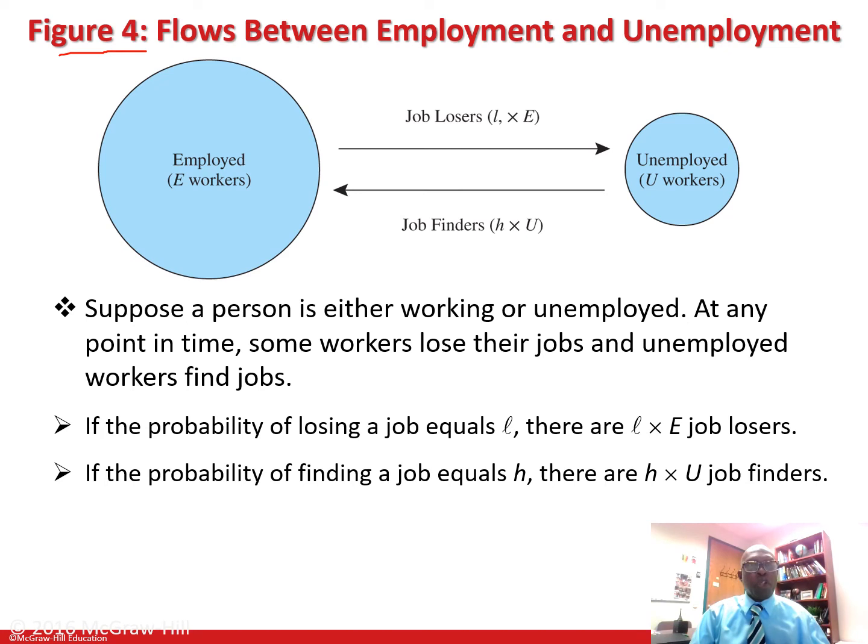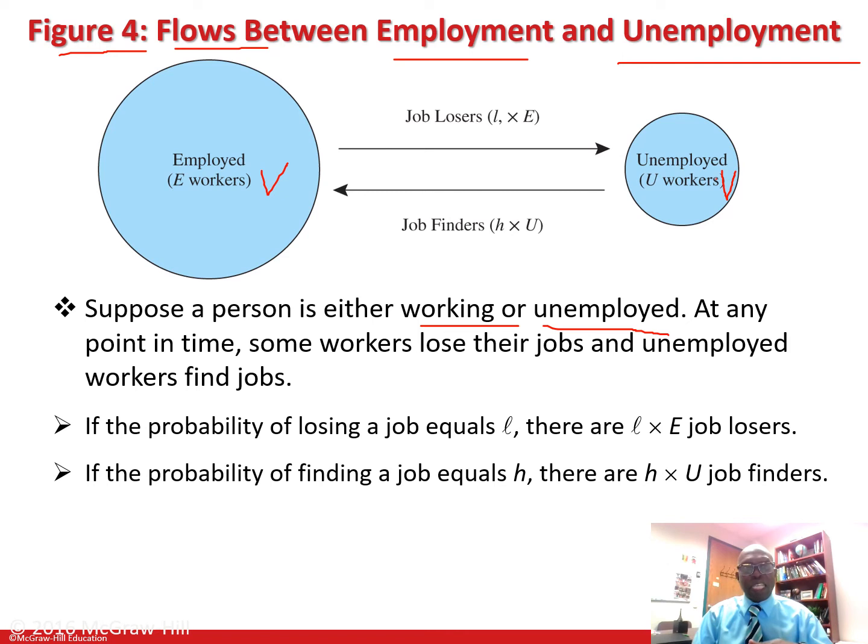Figure 4 displays the flow between employment and unemployment. So we have employed workers, who have a job and are working, and unemployed workers, who are not working but are looking for a job. Suppose that a person is either working or unemployed.